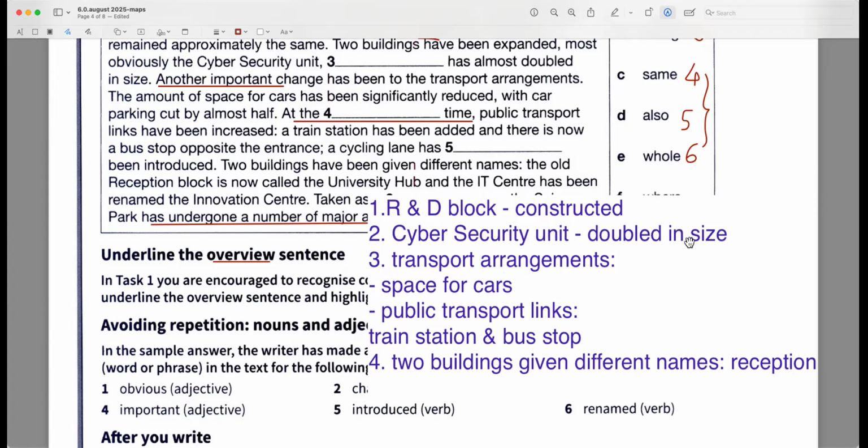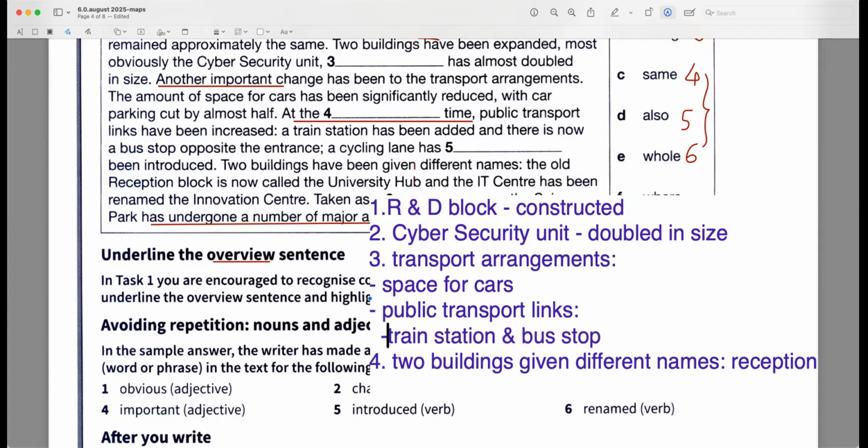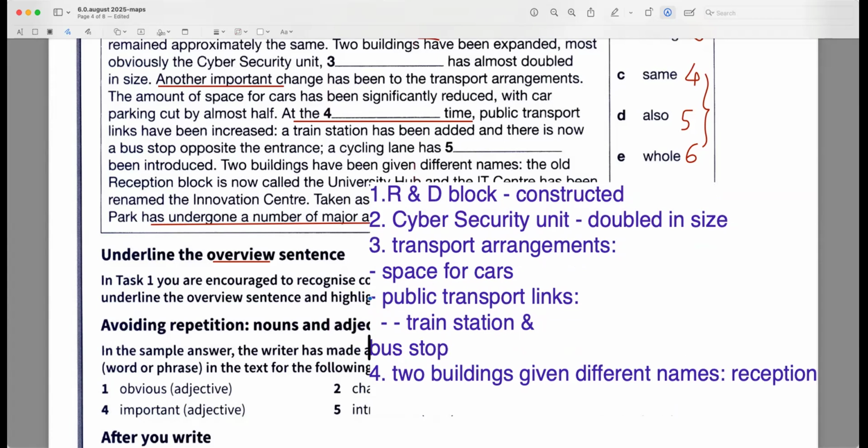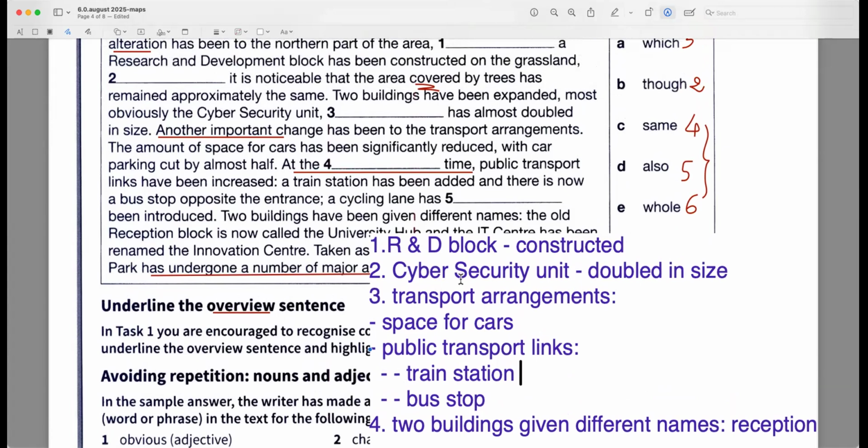How about numbers 1 and 2? What are the similarities? What do you think? Any idea for numbers 1 and 2?